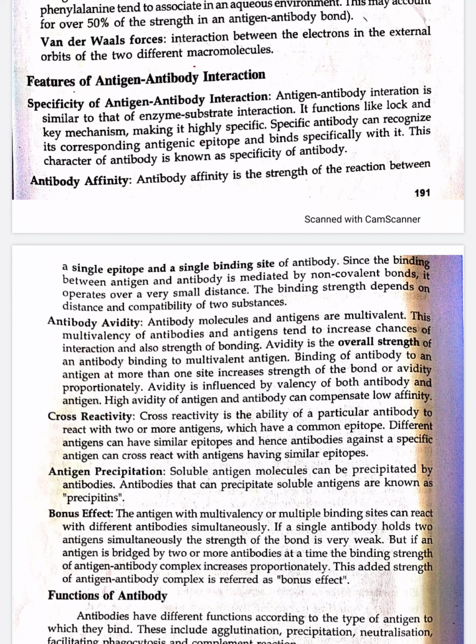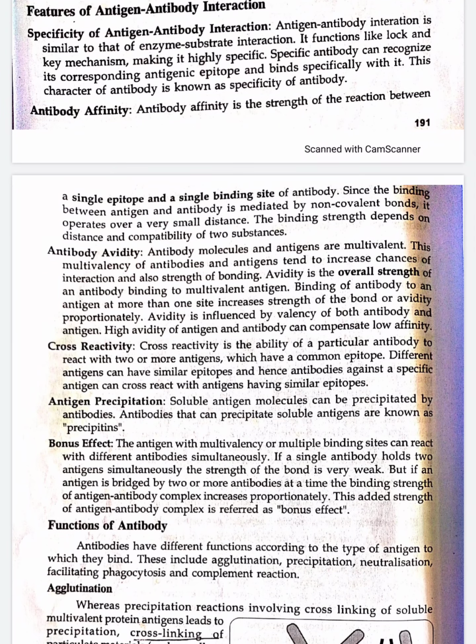So the binding strength always depends upon the distance, and at the same time on compatibility, that is the specificity of the two substances. So affinity speaks about the strength of the reaction between an antigen and antibody.